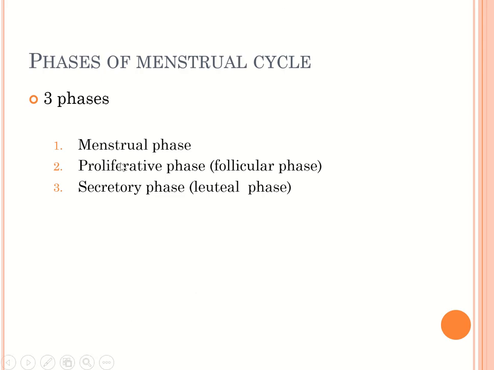Whenever the proliferation is happening in the endometrium, at the same time the follicles will be growing in the ovary. That's why we also call it the follicular phase. In the secretory phase, when the secretions are continuing in the endometrial glands, in the ovary the follicles would have converted into corpus luteum. That's why we call it the luteal phase.